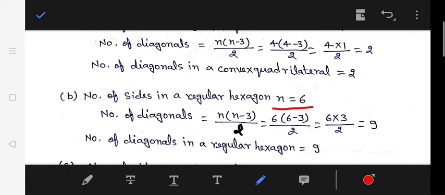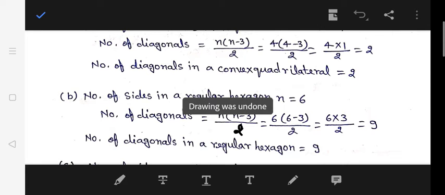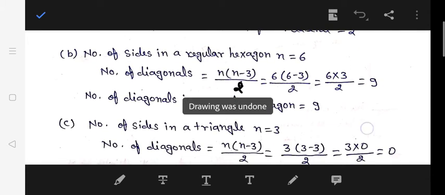That formula will be used for any polygon to find the number of diagonals. So now for part B, the number of sides n equal to 6, so n will be replaced by 6. Then 6 into 6 minus 3 upon 2, that is 6 into 3 upon 2, which is equal to 9. So the number of diagonals in the regular hexagon is 9.